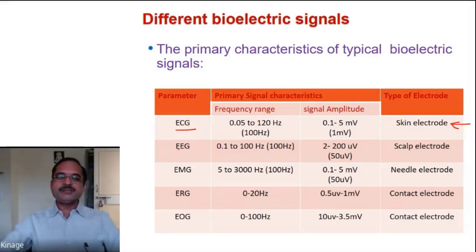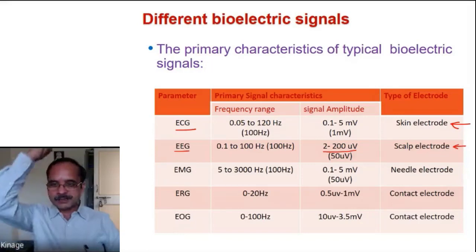Then EEG, that is electroencephalograph. The frequency range is 0.1 to 100 hertz, and the signal amplitude is 2 to 200 microvolts, typical value 50 microvolt, and the electrodes used are scalp electrodes, which are attached on the scalp.